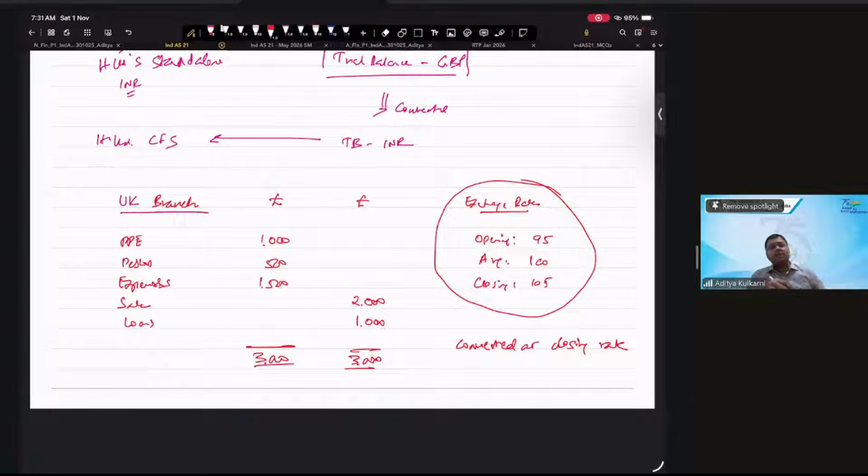So complicated rules you have. But when you are talking about a foreign operation, which could be a branch, subsidiary, whatever it is, you are saying convert everything at closing rate. Why is this duality there?